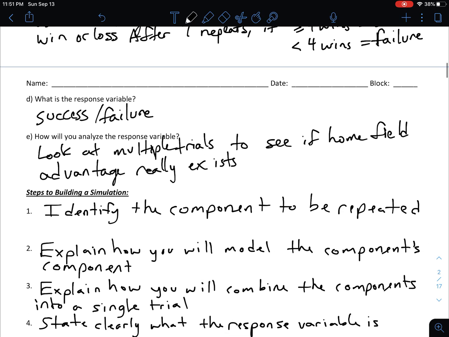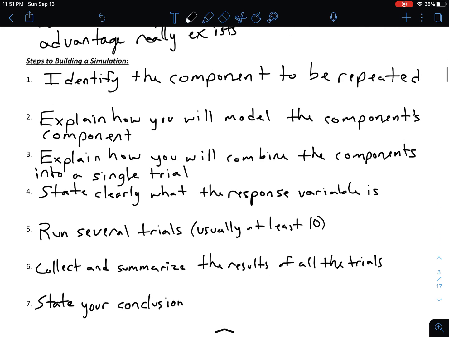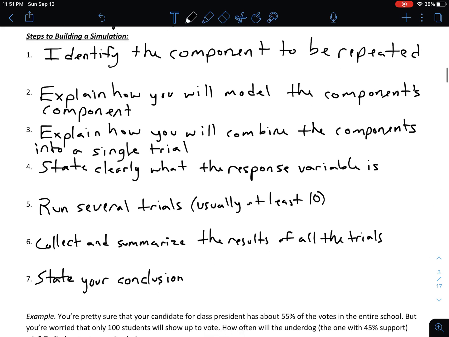Okay, so to summarize, here are your steps to building a simulation. Step number 1 is to identify the component that you want to have repeated. In our baseball example, that would be deciding whether each individual game was a win or a loss. 2, explain how you will model the component.